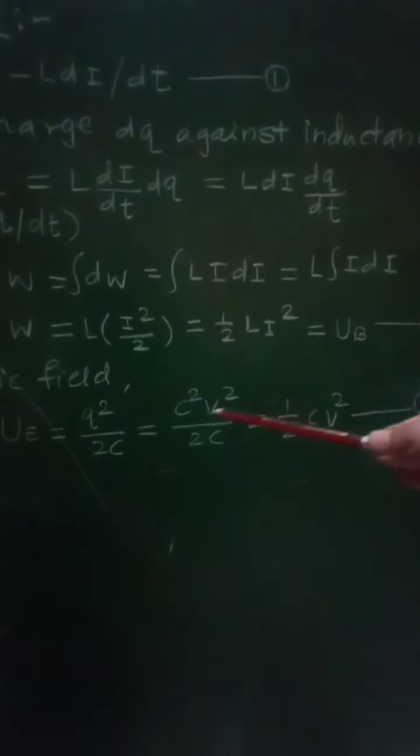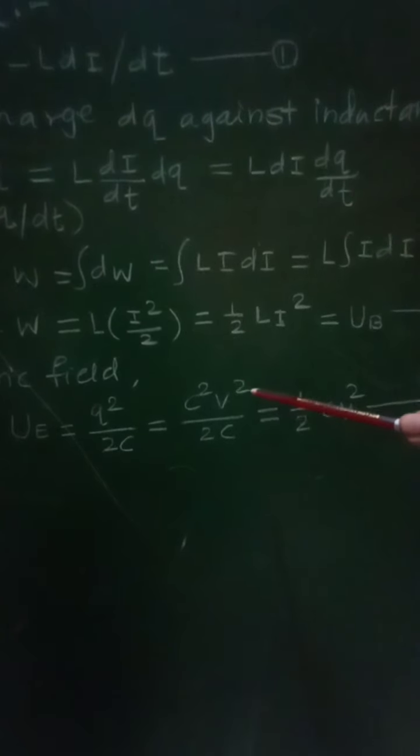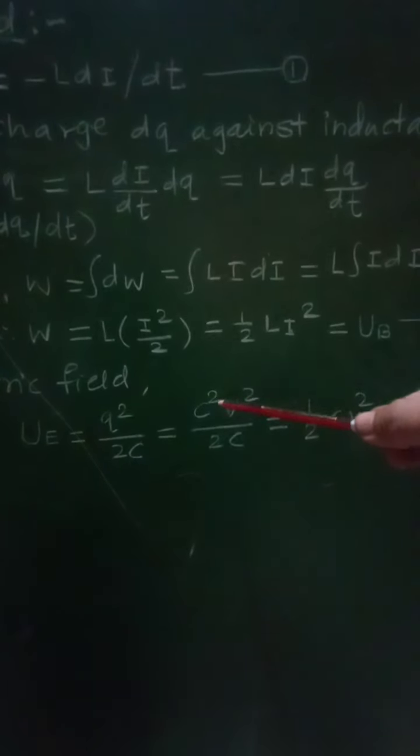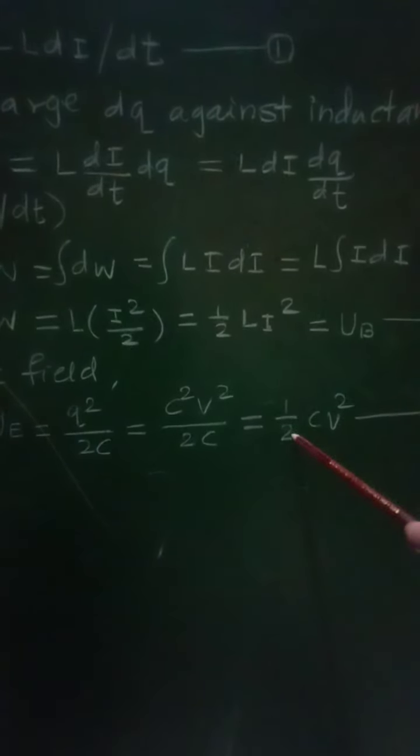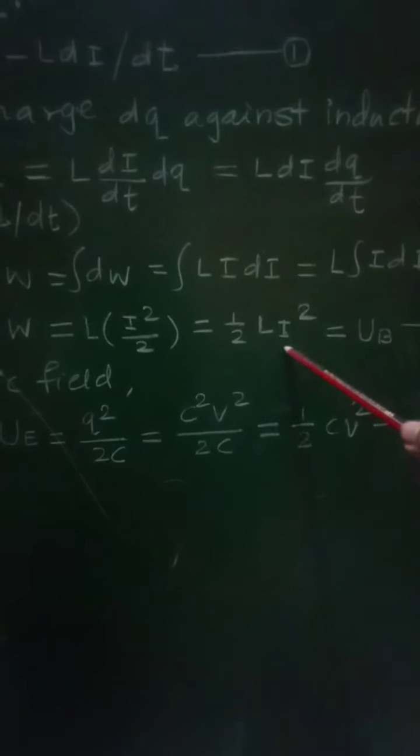Writing q equal to CV, q square will be equal to C square V square upon 2C. One C from this will get cancelled with this C, and therefore UE equals half C V square, equation number 4. So this equation represents the electric energy in the electric field. This is the energy in the magnetic field.